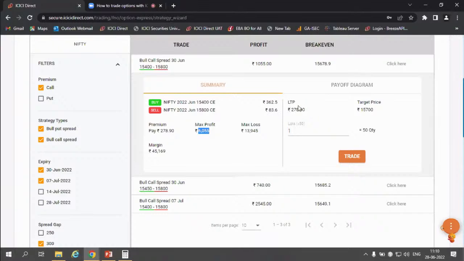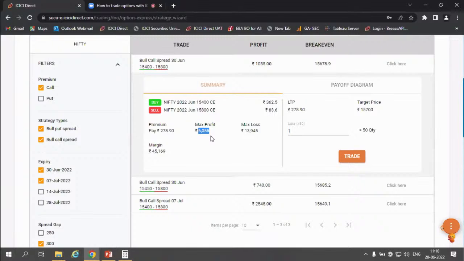The premium that you pay for the combined bull call spread subtracted from the difference in the strikes is the maximum profit that you will gain on the day of expiry if the market closes at 15,800 or above. So that's how it will be. This is nothing but a numerical calculation.